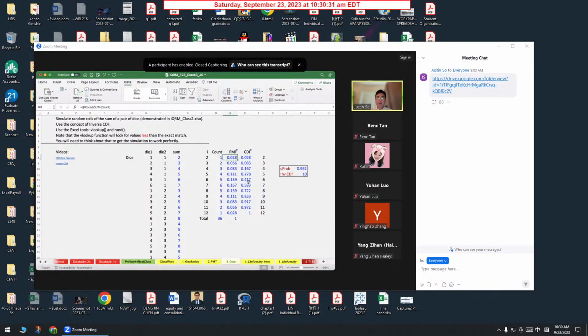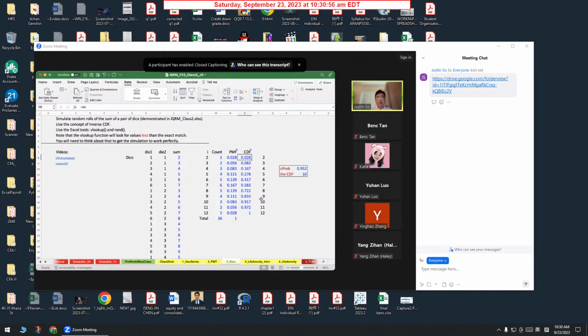So this one is just the count at that point divided by the total count, 36, right? So 1 over 36, 2 over 36, 3 over 36, like that. This value is the probability mass function value for this input.